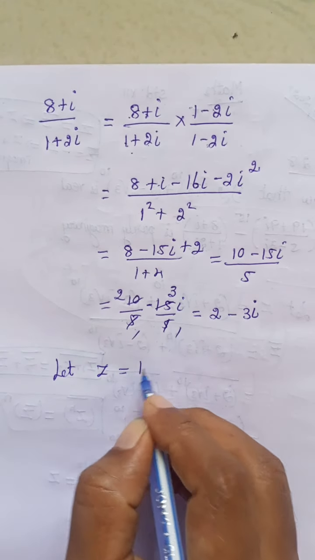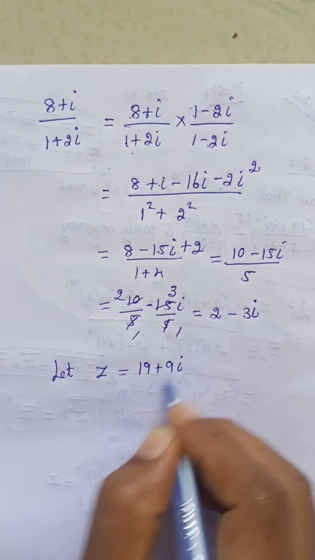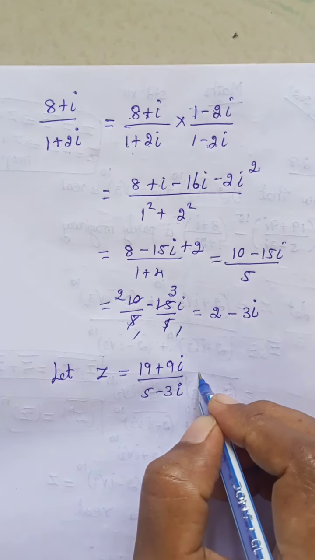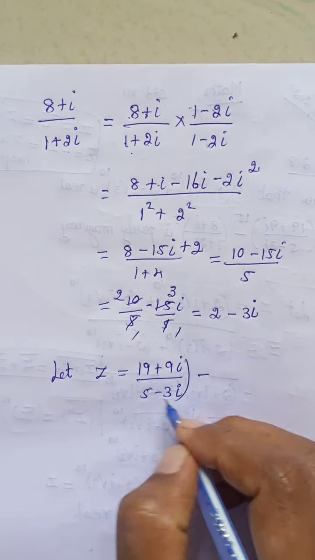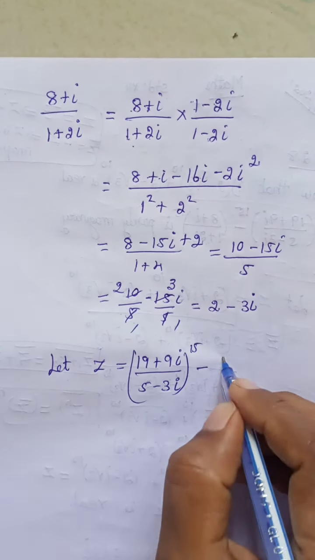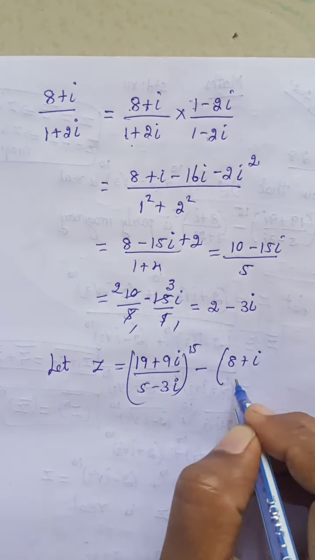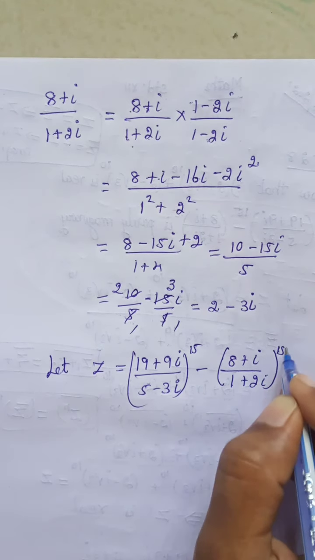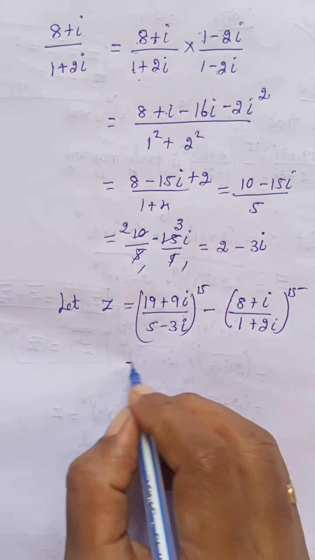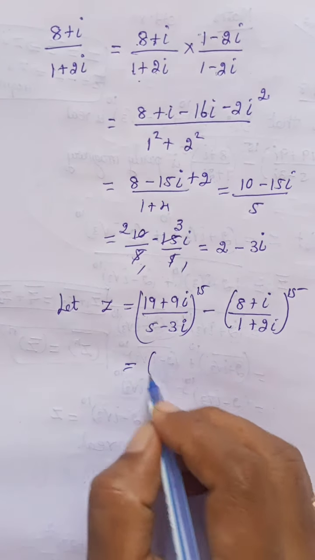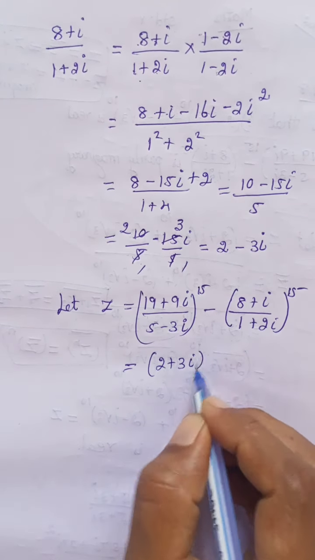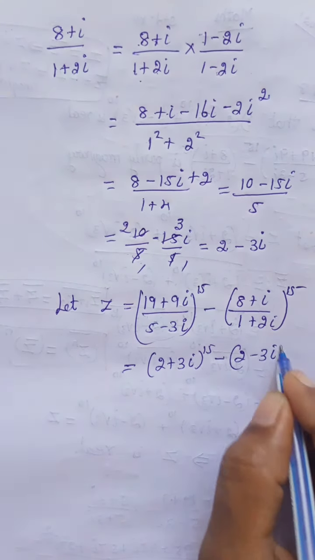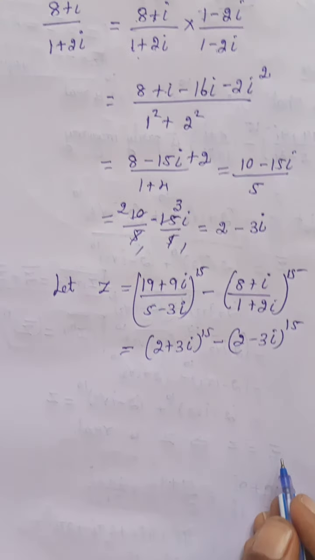Let z = ((19 + 9i)/(5 - 3i))^15 - ((8 + i)/(1 + 2i))^15. So the actual value is (2 + 3i)^15 - (2 - 3i)^15.